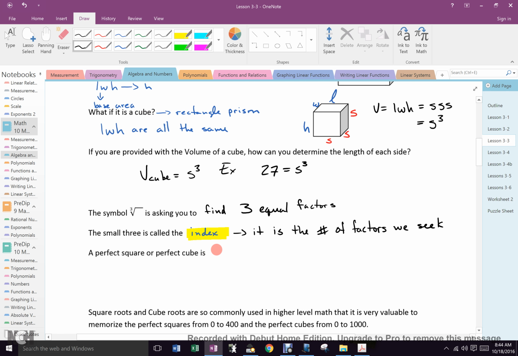First of all, perfect square, perfect cube. Please highlight the words perfect.